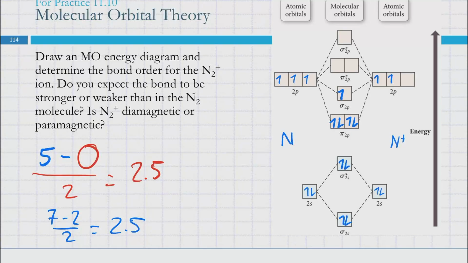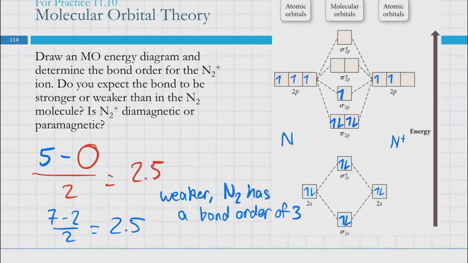Is that stronger or weaker than N2? It is weaker. Why is it weaker? The bond order of N2 is 3. Yes, N2 has a bond order of 3. And is the N2 plus molecule diamagnetic or paramagnetic?